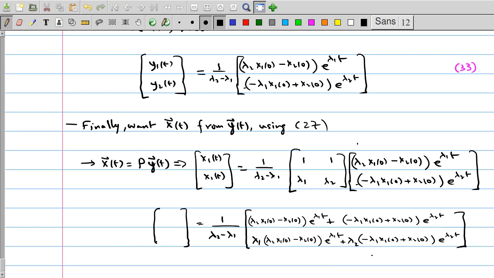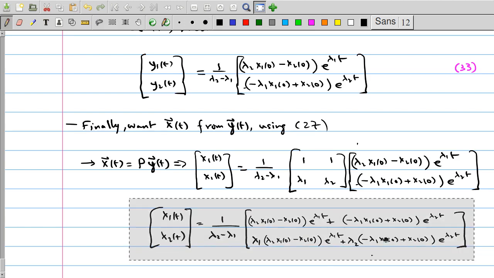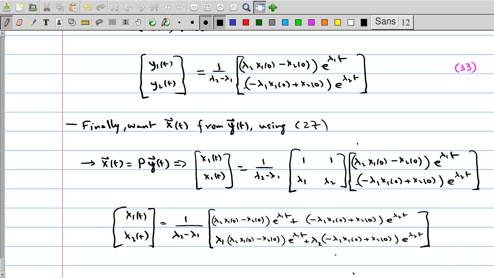Now we just have to write x1(t), x2(t) is equal to this, right? And this is a wonderful equation, so it can be boxed. 34.